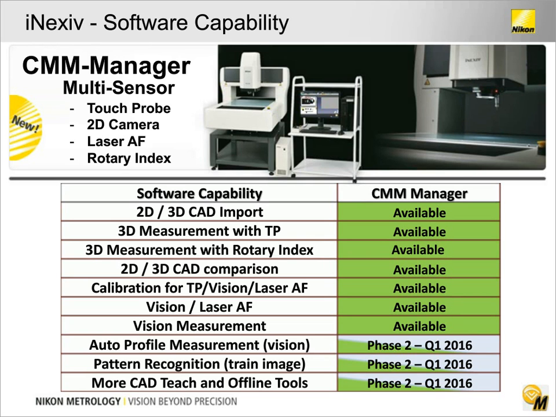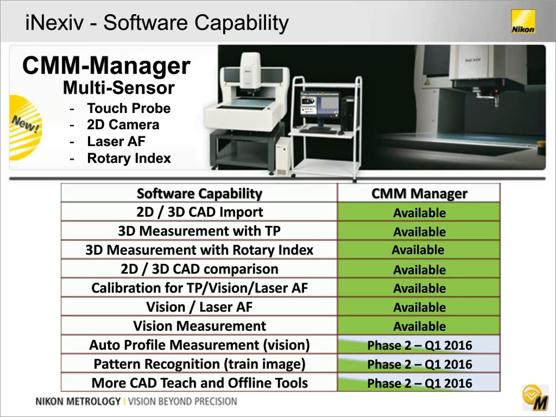So software capabilities available today with this previous release of CMM Manager 3.5. Of course, 2D and 3D CAD import, 3D measurement with touch probe, 3D measurement fully incorporated with rotary index, 2D, 3D CAD comparison, of course, calibration for touch probe, vision probe, laser autofocus probe, so that you can make measurements with all of these different devices and correlate.